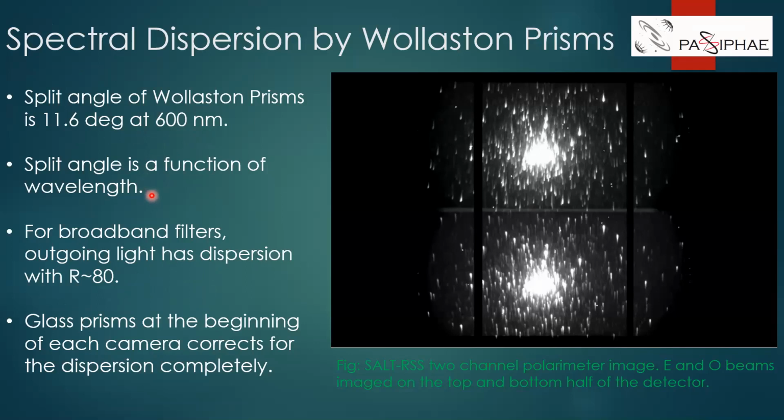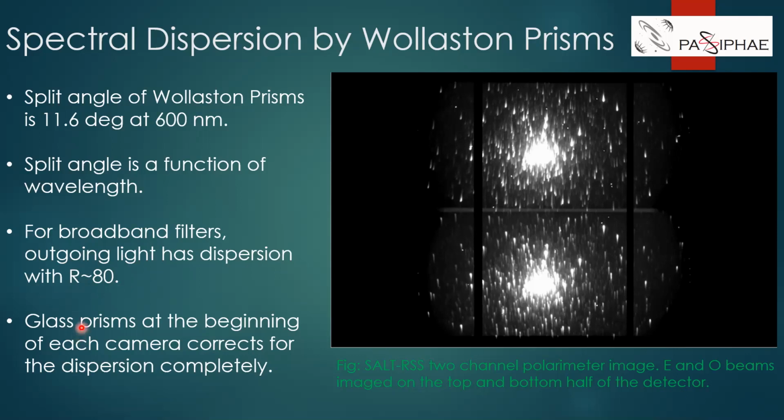And even within a broadband filter like R, it causes a large dispersion. And for the Wallop Wollaston prism, the spectral dispersion is roughly around 80. So this is great if we want a spectral polarimeter, but we want an imaging polarimeter. So we had to correct for these dispersions in the post-polarizer optics.